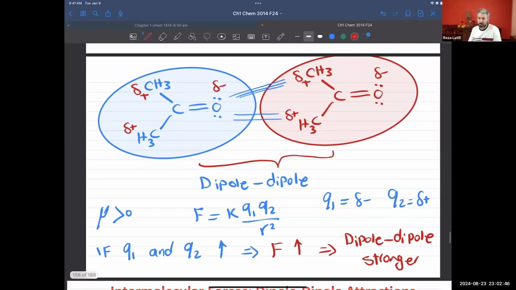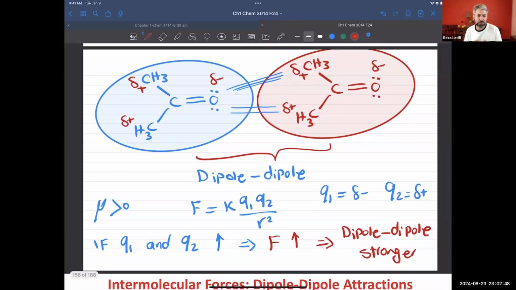The dipole interaction comes from permanent positive and negative charges. In order to have permanent positive and negative charges, we need a difference in electronegativity or a difference in hybridization. This is sp3, sp2, and that one is sp2. Of course, that carbon is also sp3. Clearly we have different hybridization, and that's the reason we have permanent positive and negative charges.